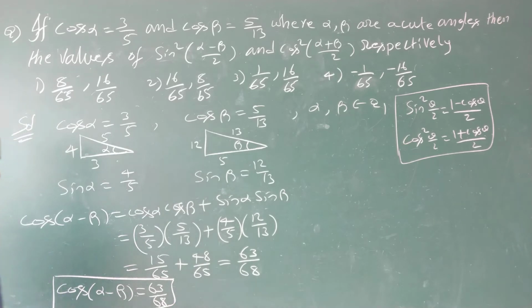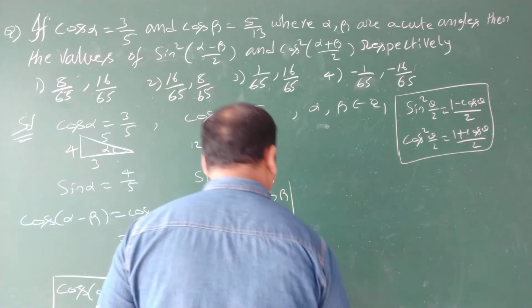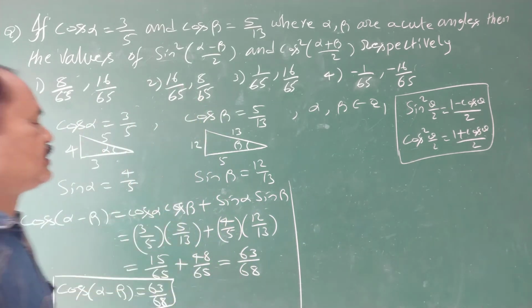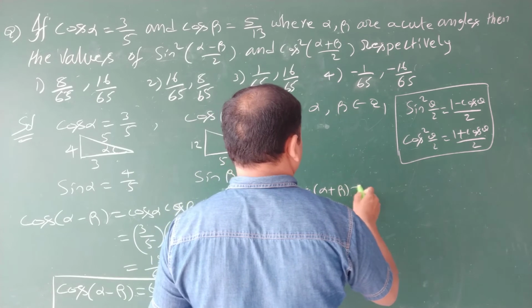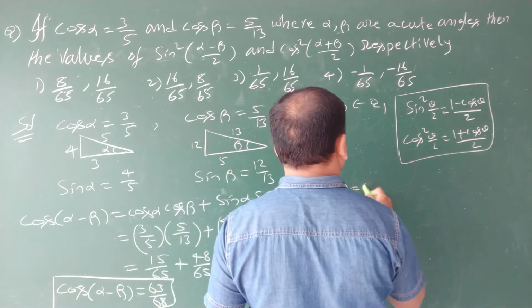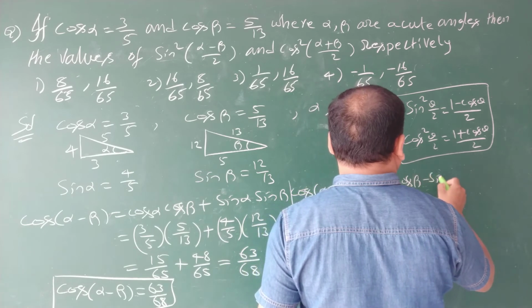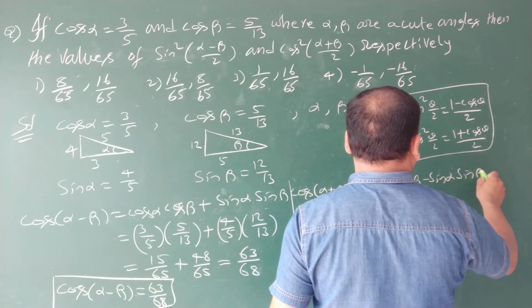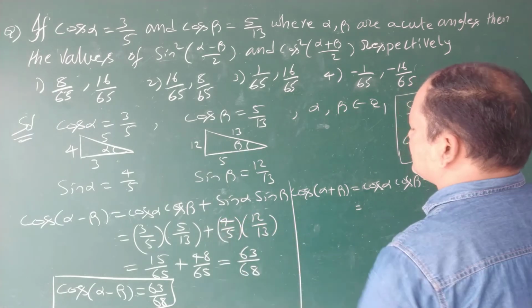Similarly, we have to find cos alpha plus beta. Now cos alpha plus beta is cos alpha cos beta minus sin alpha sin beta. Same, but here we have to write minus.